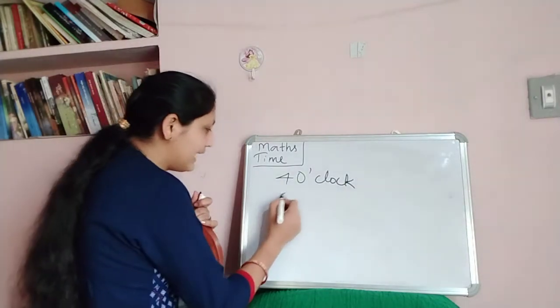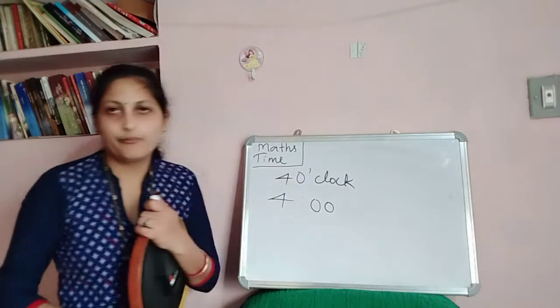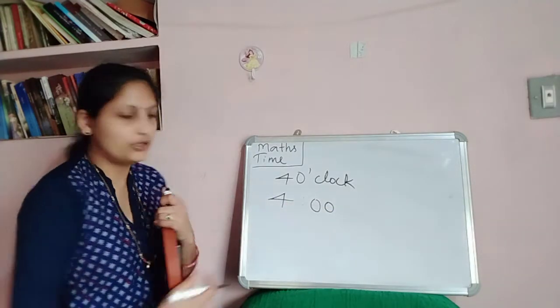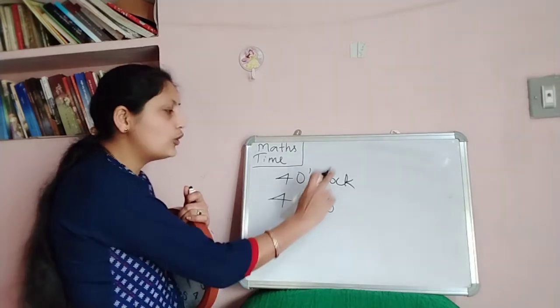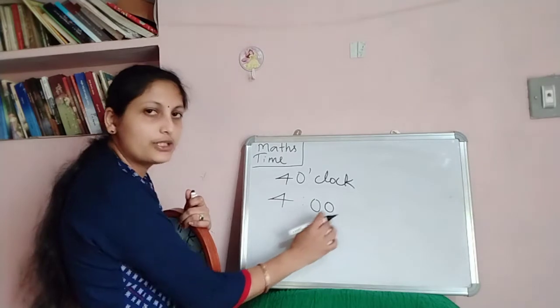While writing, we write in this way: 4 colon 0 0. So this is 4 o'clock. It is read as 4 o'clock and written as 4:00.